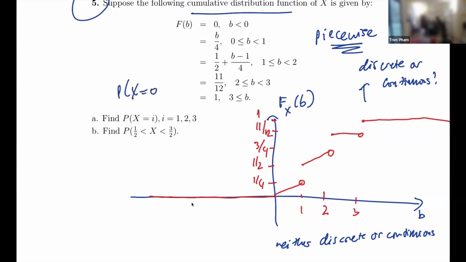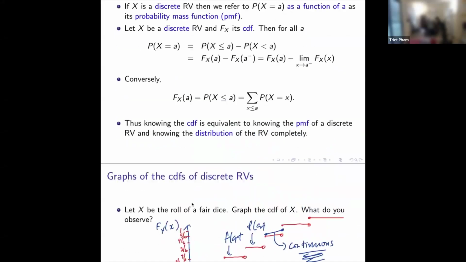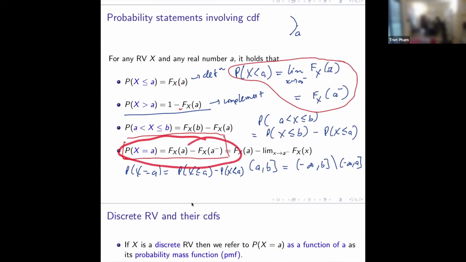What about probability X equal to 0? What would that be? What's probability X equal to 0? So remember this statement.